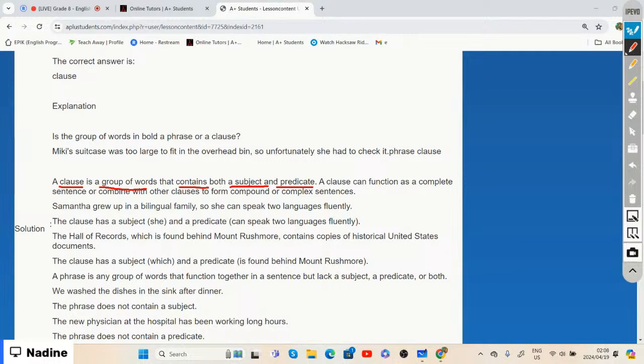So a clause is a group of words that contains a subject as well as a predicate. It can function as a complete sentence, compound sentence, or a complex sentence.